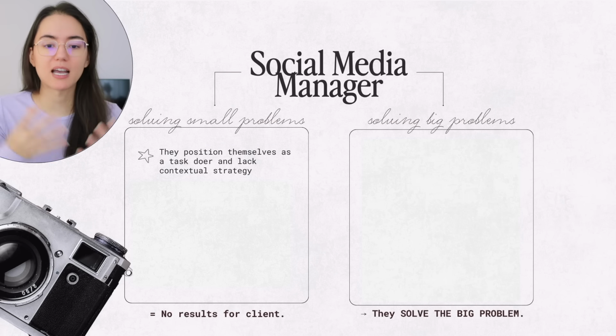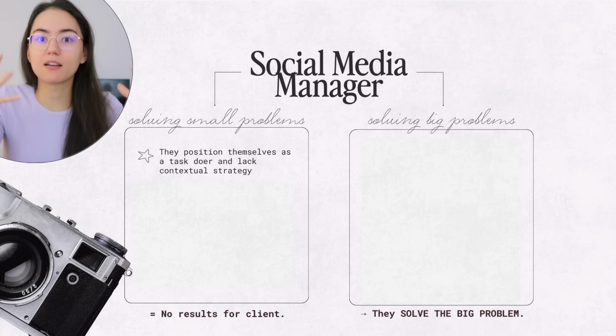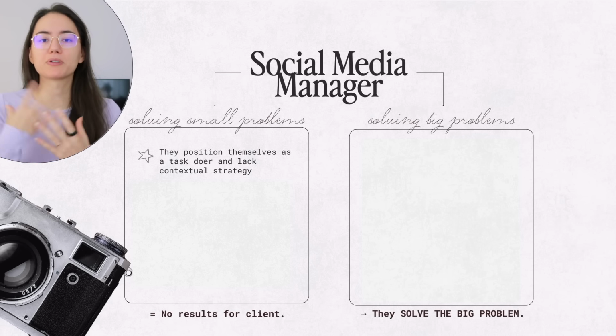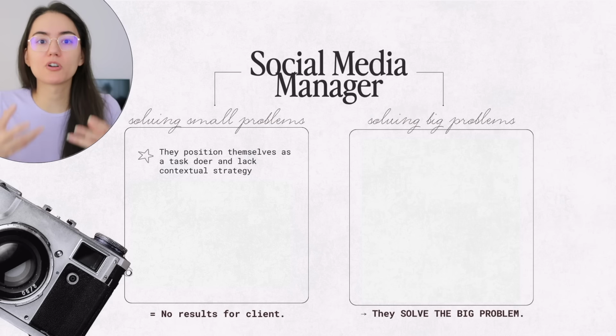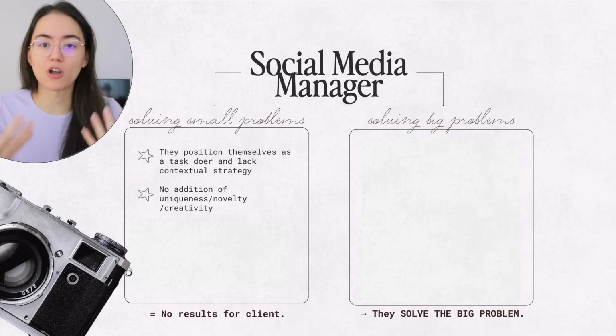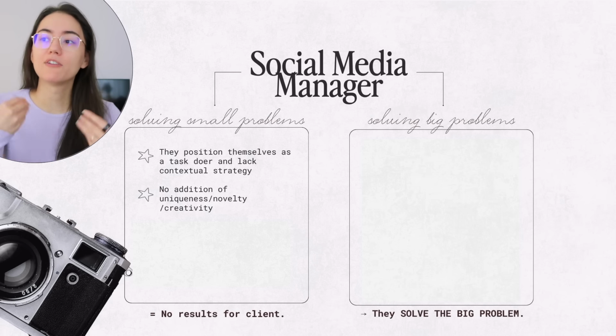So smaller side problems might be social media managers who position themselves as a task doer and really lack that contextual strategy of understanding everything holistically and presenting a strategy that makes sense in the context of the product, the funnel, the customer, the industry, all of those things. They might not be adding any uniqueness or novelty or creativity to their social media content strategy, which especially with AI, if you don't have uniqueness or novelty or human element and authenticity to it, it's just not going to perform.